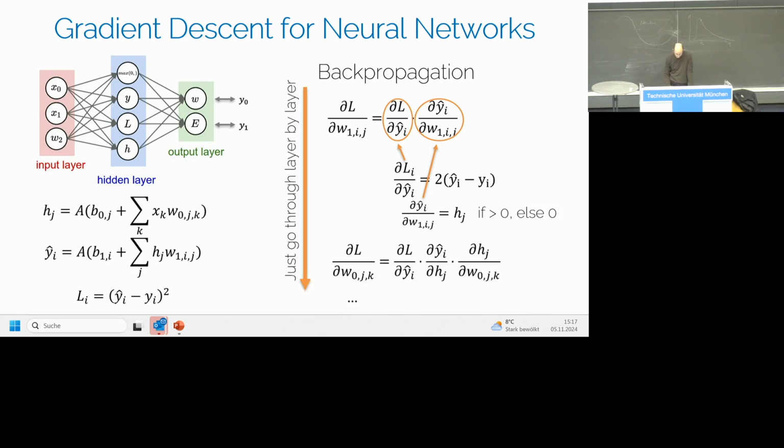And so that way you can do this layer by layer. Multiplying these together will give you the gradient with respect to the weights of the hidden layer, and then the derivative with respect to the initial weights here, these 12 weights, you do dL by dy hat by dh, and then dh by dw0, etc. And so that way you can compute all these derivatives layer by layer.